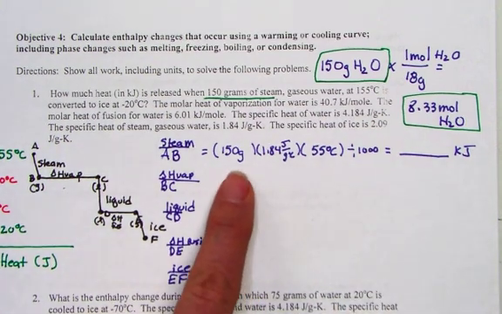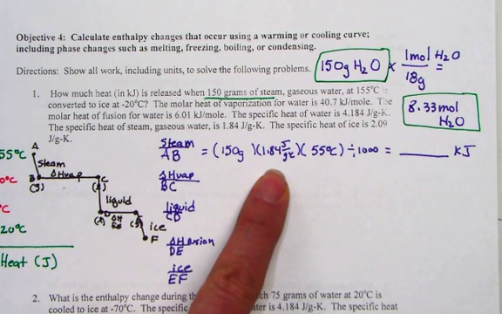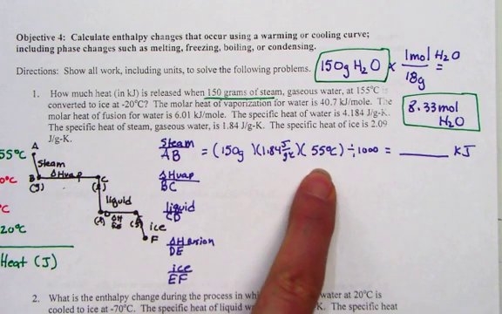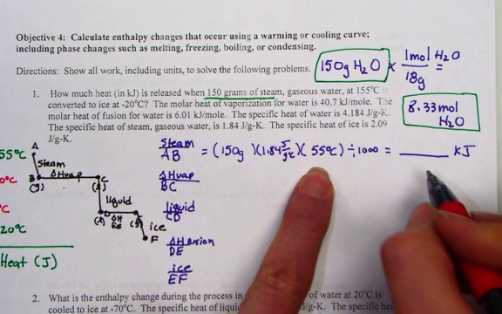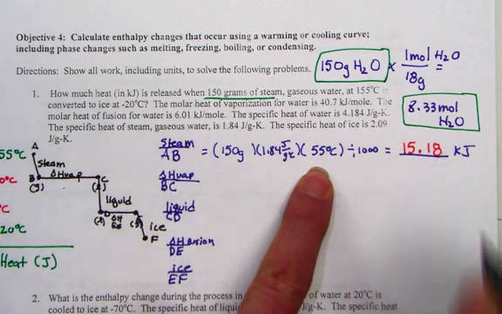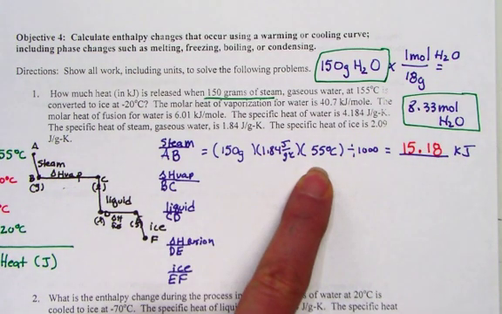I will hit 150, the mass of the water, times 1.84, the specific heat of gaseous water we call steam, times the ΔT, 55, and I will divide that by 1,000 to change my joule into a kilojoule, knowing that we'll need to add like units. This gives me a value of 15.18 kJ.